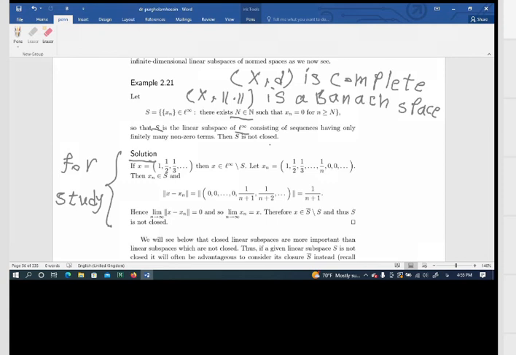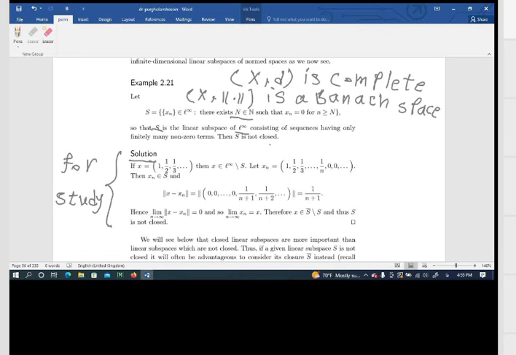So, for example, let x equal the sequence 1, 1 over 2, 1 over 3, and so on. Then x is not in S because there is no n from which xn equals 0. None of the members of x is 0; they are all non-zero.